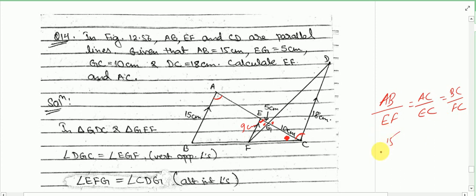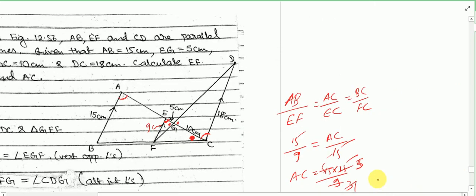AB is 15, EF is 9, AC I don't know, EC will be 5 plus 10, that is 15. So AC will be 15 into 15 upon 9. Here 3 3s are 9, 3 5s are 15, and here 5 5s are 25. So you will get 25 centimeter, 5 into 5.